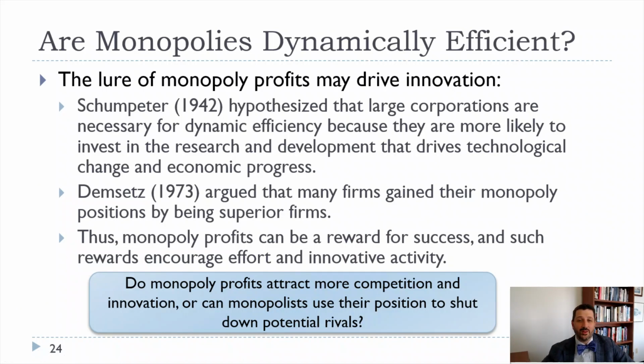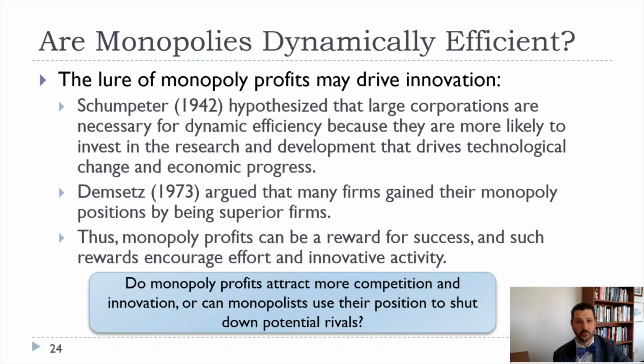Now, in the last video, we talked about the inefficiency of monopoly, both on a static level and on a dynamic level. Now, some economists have pushed back on that, right? Some economists have said, well, if monopoly profits come from innovation, come from being more efficient or developing better products, then it's okay for those firms to have those monopoly profits, right?